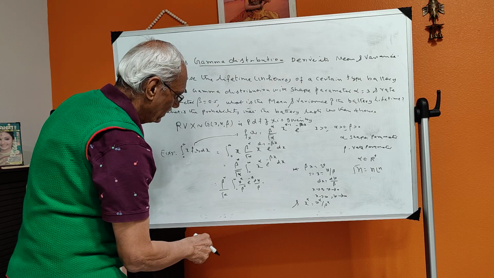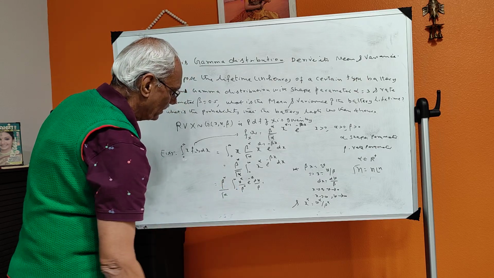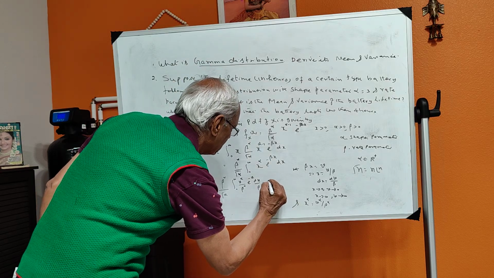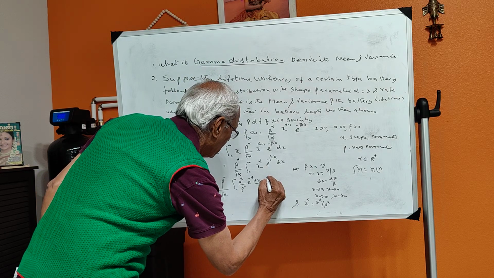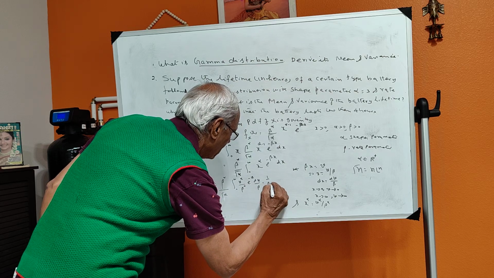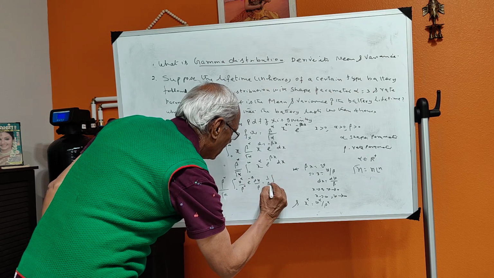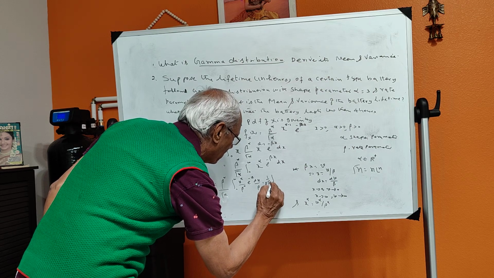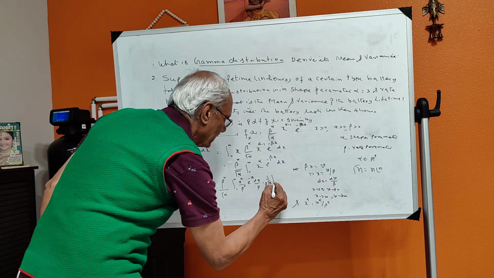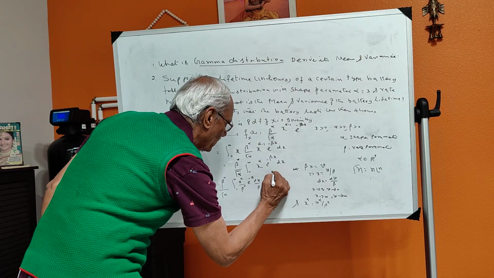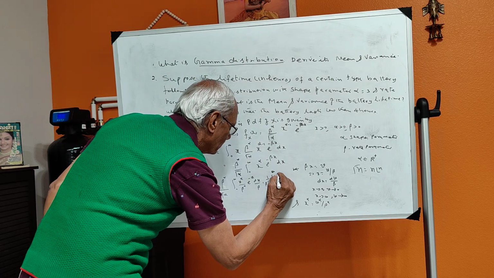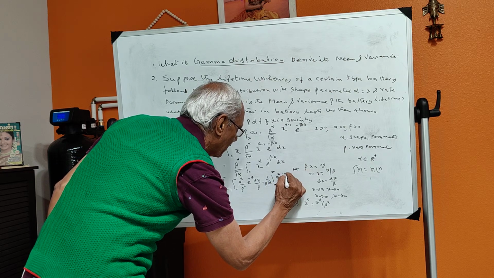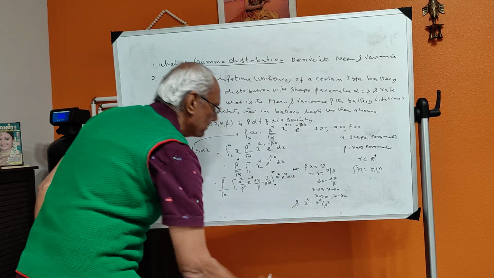So this is equal to 1 by beta into gamma of alpha, the integral from 0 to infinity of v to the power of alpha into e to the power of minus v dv.